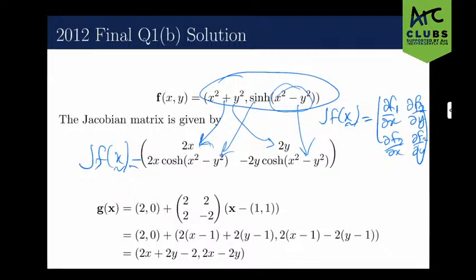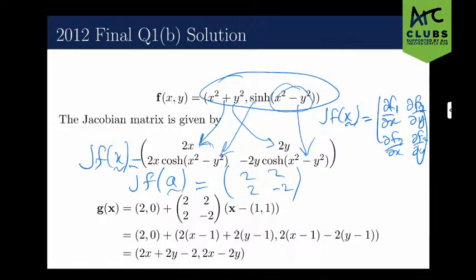And then to get g, okay, I missed a step here, but I actually want to apply this at the point A. We know the point A is 1, 1. So for the Jacobian at the point A, I just need to sub in x equal to 1, y equal to 1. That will give me 2, 2, 2, negative 2. I'm going to sub them all in.